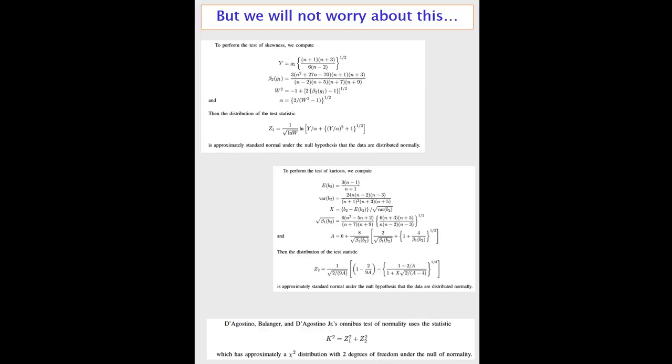And in fact, what we want to test is something where we do the skewness and kurtosis in one, and that's possible too, because K squared over there equals the sum of the squares Z1 squared and Z2 squared. That in itself has already an approximately chi-square distribution with 2 degrees of freedom. Forget about what that exactly means if you got lost in the chi-squares.